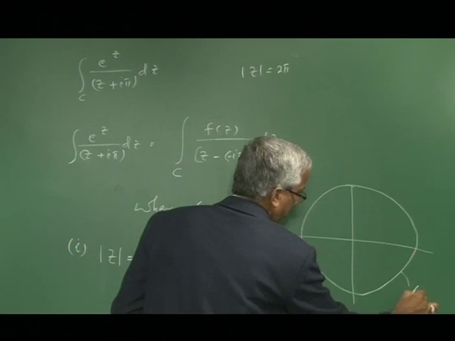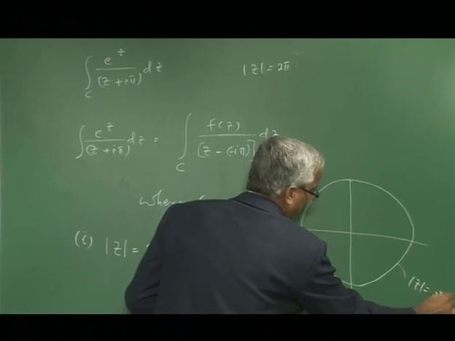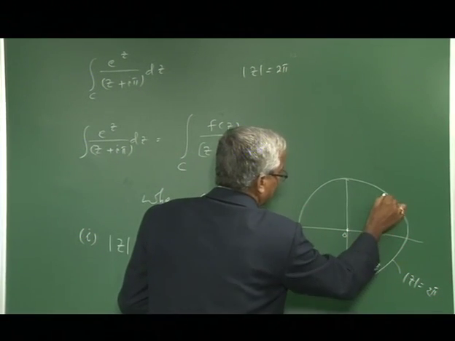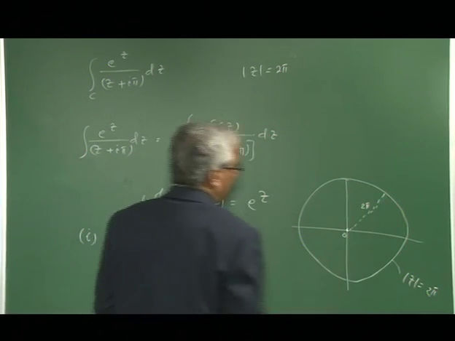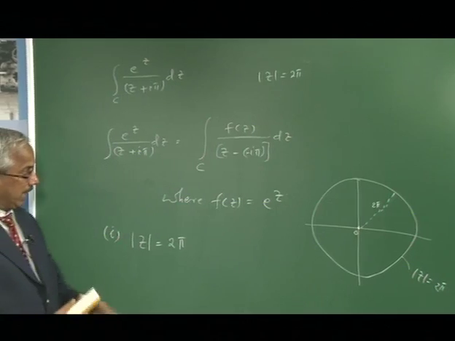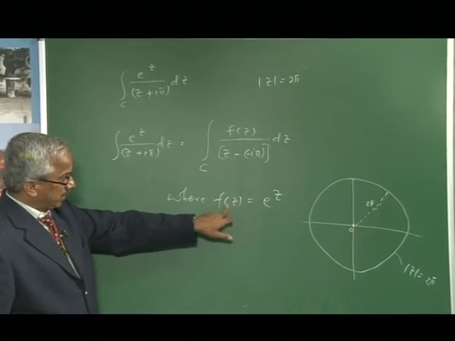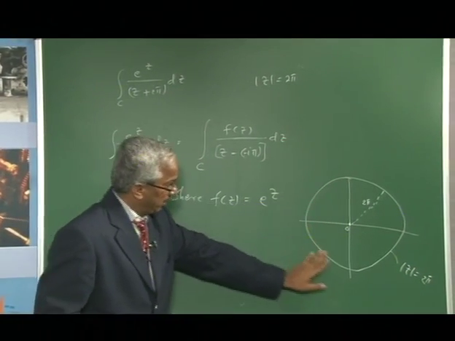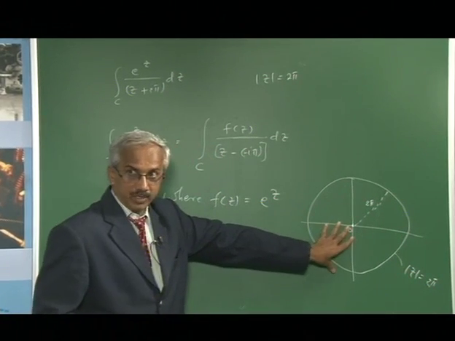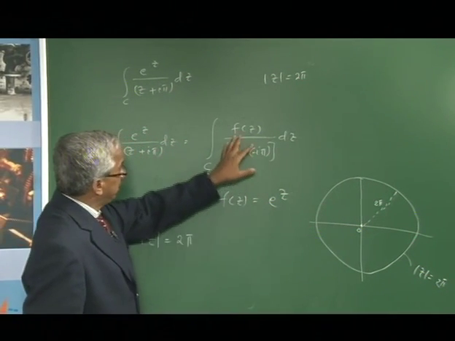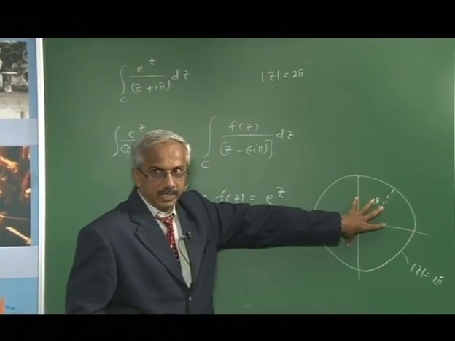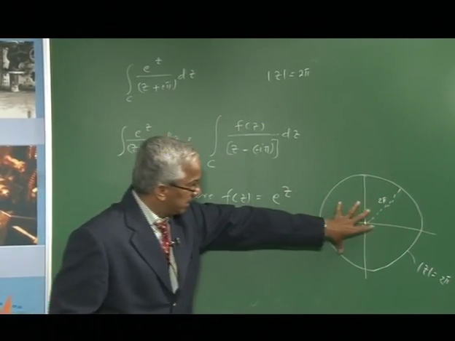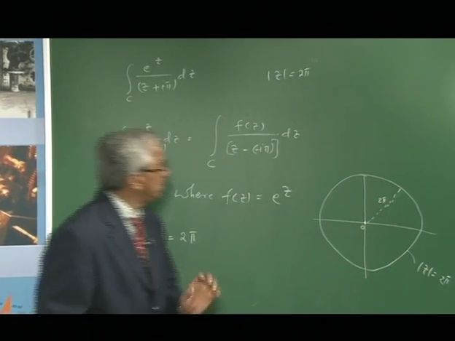This is the circle mod z is equal to 2 pi, this is the origin, and the radius is 2 pi. Then definitely the complex function f of z, e power z, is analytic on the circle and also inside the circle mod z is equal to 2 pi.